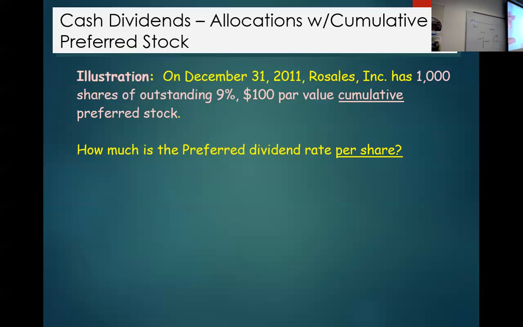And my question to you on Friday is, in 2012, they declare a $60,000 dividend. How will you apportion that between preferred and common? How much do preferred get? How much do common get? So take 2 minutes and talk to people around you and see how you're going to allocate that.